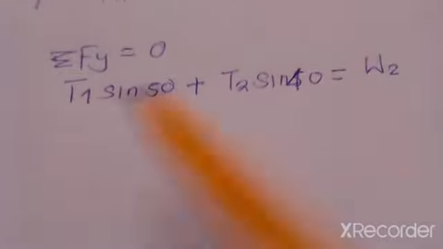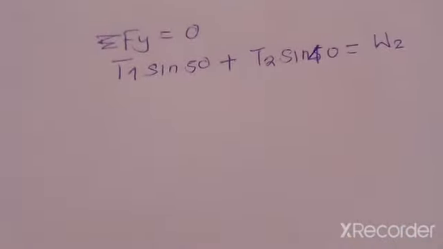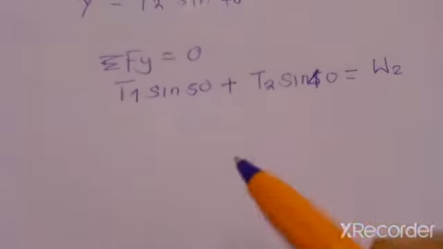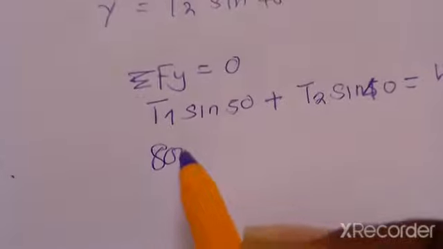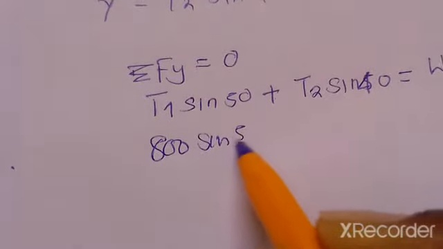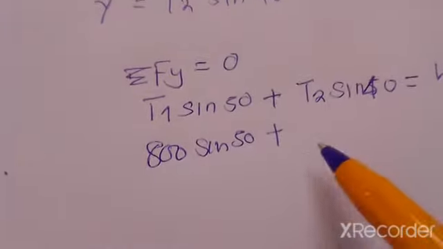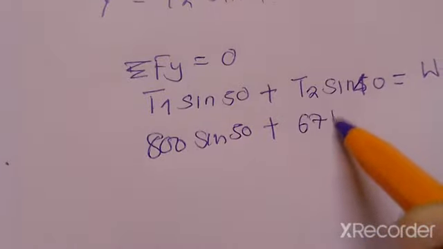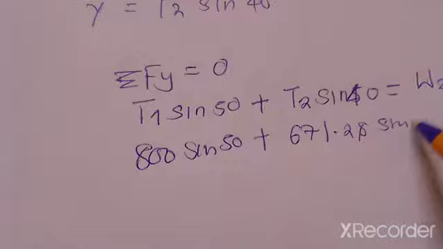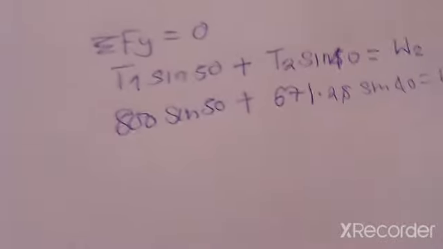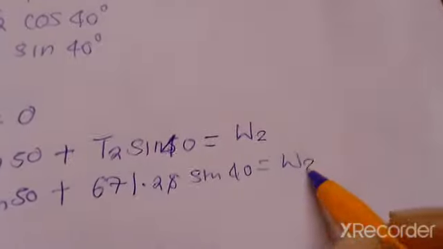Using this side of the equation for the summation of forces in the y-axis, we have T1 being equal to 800 sine 50 plus T2, which we have found as 671.28, multiplied by sine 40, and that will give us W2.